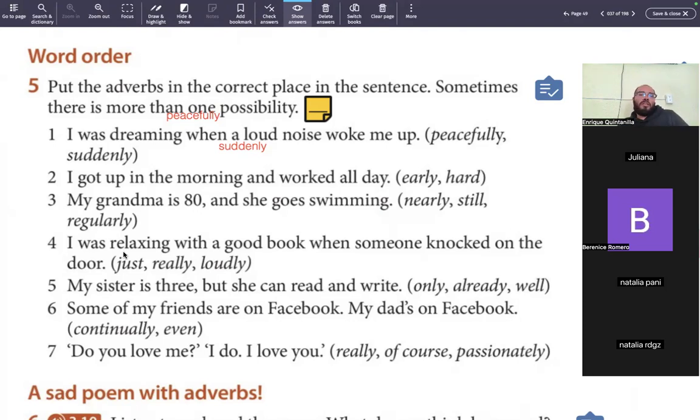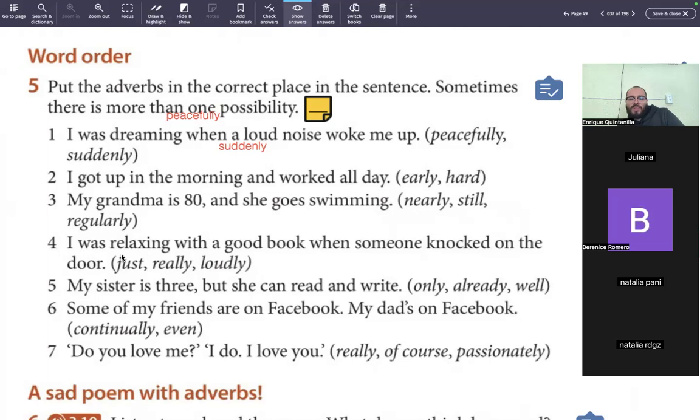Next, Natalie. Number 5, ¿verdad? My sister is three already.